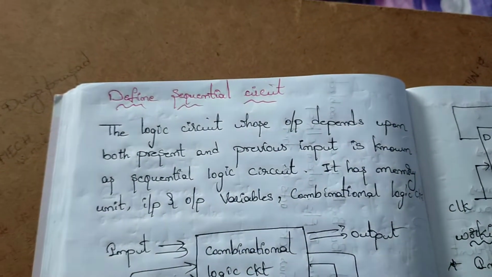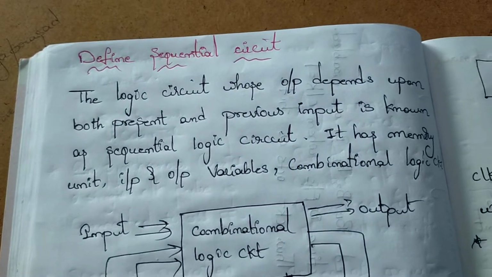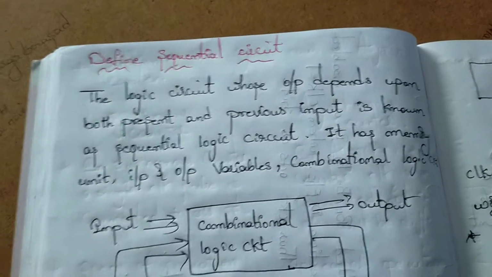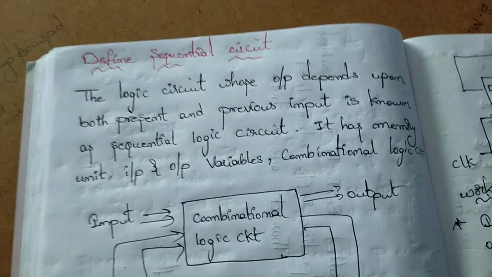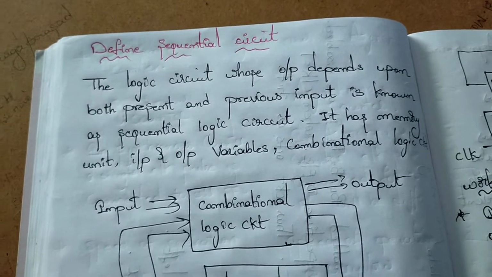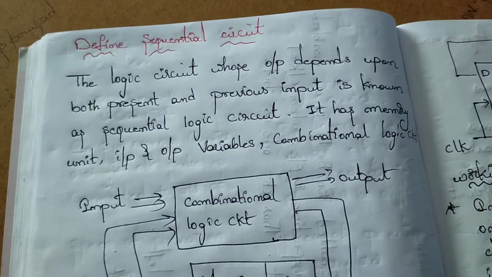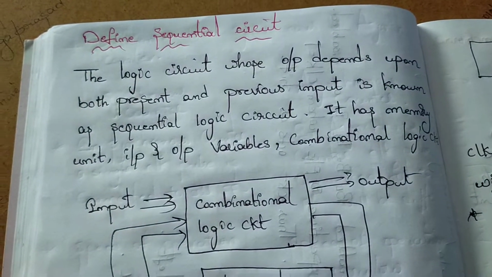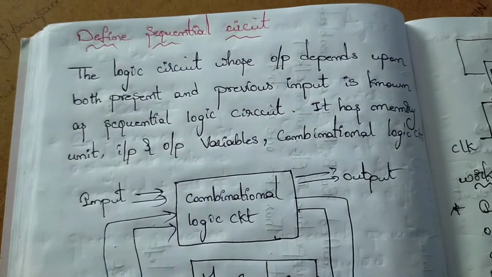So the basic difference is that whatever we can do by using a combinational circuit, we can also do by using a sequential circuit. We can design encoders, decoders, multiplexers, anything by using sequential circuits also.